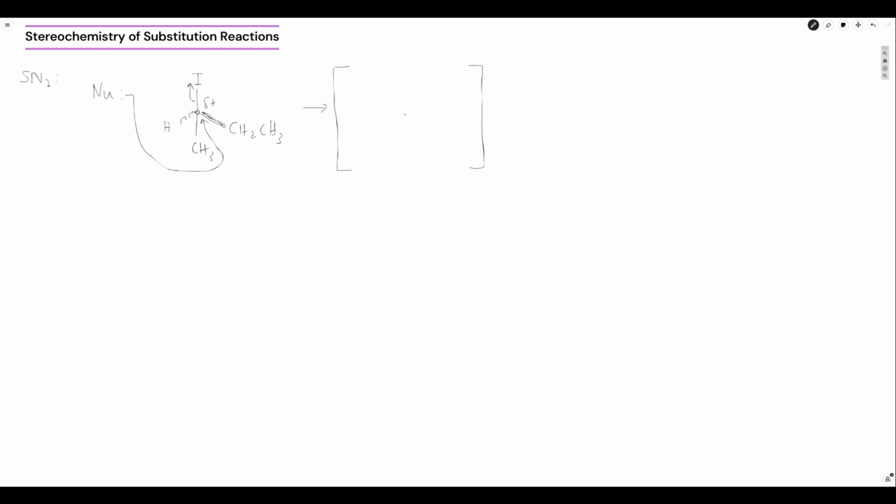So we have our central carbon atom, and it's going through a trigonal bipyramid transition state, which is sort of pentavalent. And I'll keep the stereochemical designations here just to make it clear. This bond is being broken, and this bond is being formed.